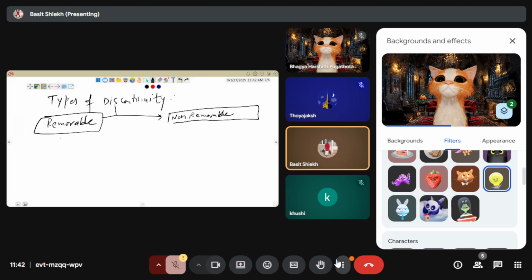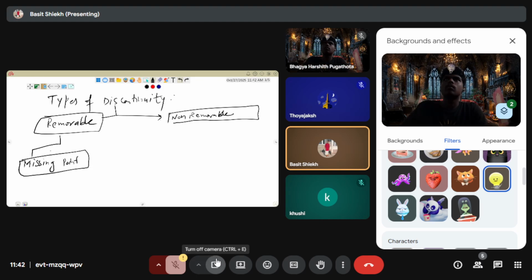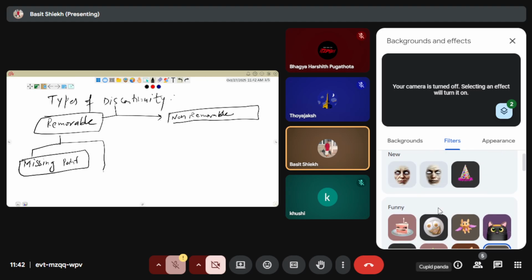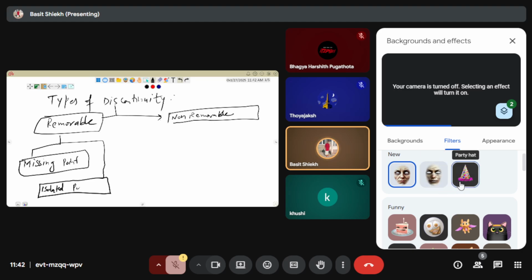In removable, we have two types. One is missing point, and the other is isolated.